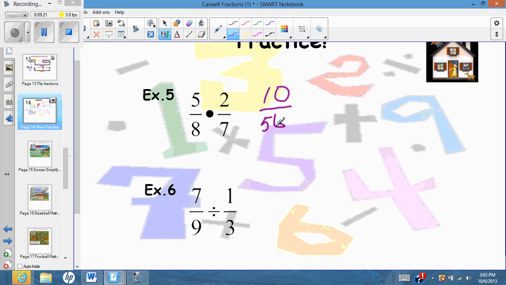Now I need to simplify these. What can go into both of these numbers evenly? Well, let's start off with 2. 10 divided by 2 is 5. Okay, 56 divided by 2 is 28.